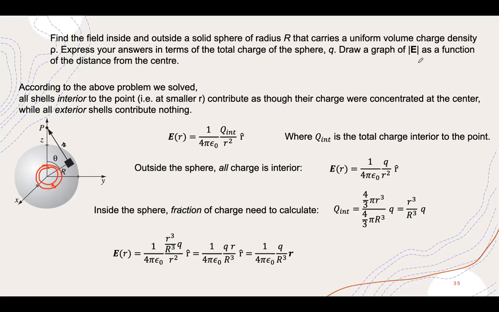Draw a graph of the magnitude of electric field as a function of distance from the center. So how should it look? Can anybody give me some idea of how one can draw this?